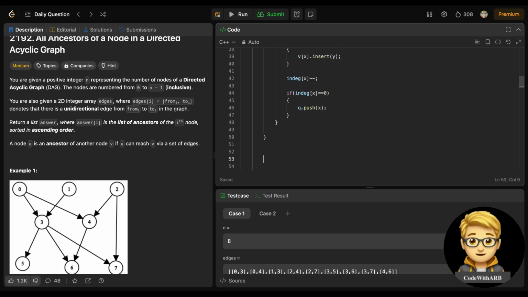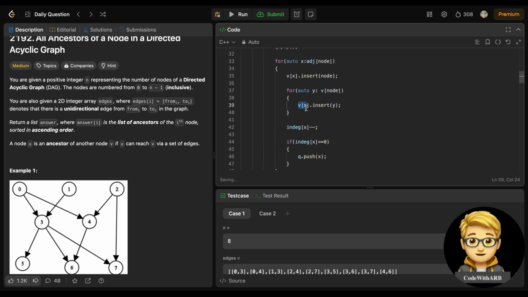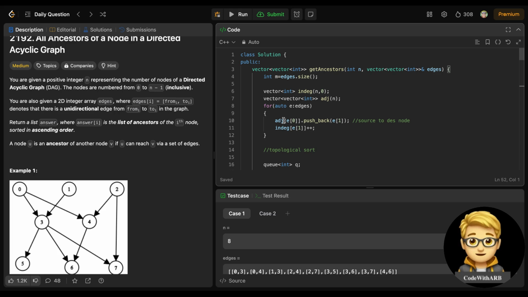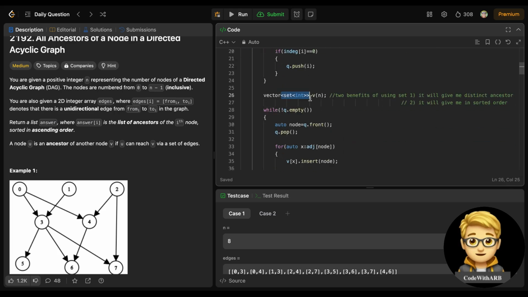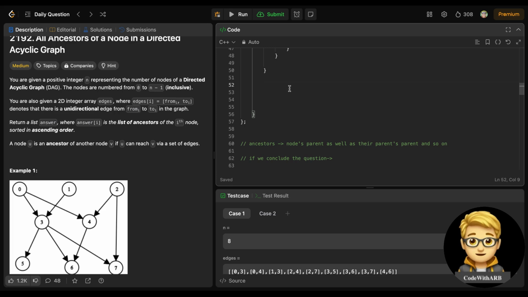And after this loop is over, I'm sure that this node has all the ancestors. I just need to change its data type from set to vector, because ultimately I need to return a vector, and I have taken a vector of sets. So what I will do, I will take another extra space. For that, let's take answer, and that will be of size n. And I will just iterate from 0 to n.